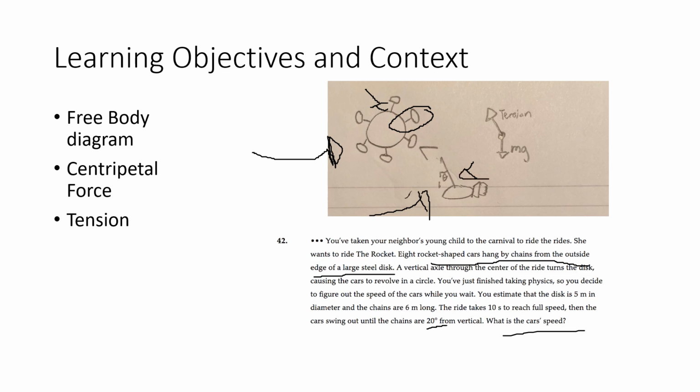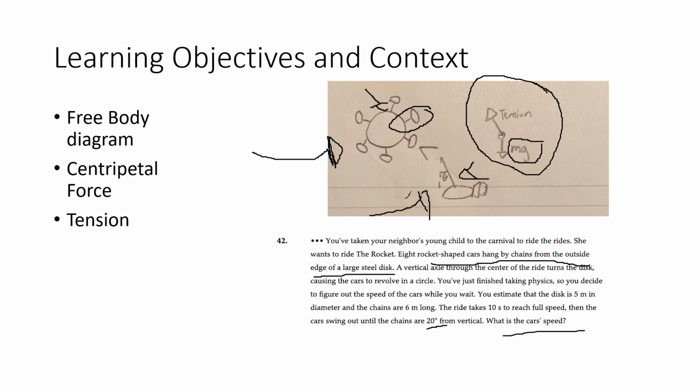For each rocket, we'd see this force diagram where tension goes in this upward direction. One component of it is in the centripetal direction, while the other component is against gravity and makes the net vertical force 0.